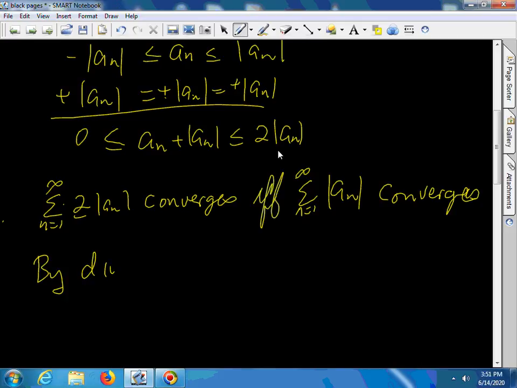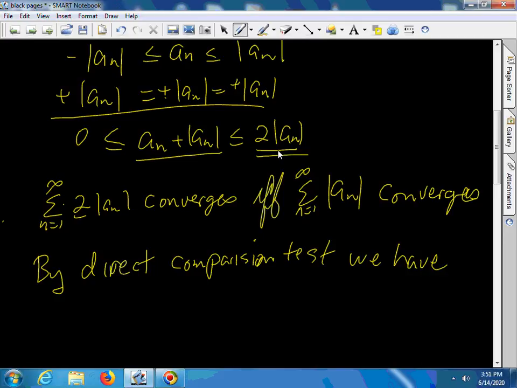By the direct comparison test, since all these terms are positive or 0 and they're less than a known convergent series, we have that the summation as n goes from 1 to infinity of a sub n plus the absolute value of a sub n converges.